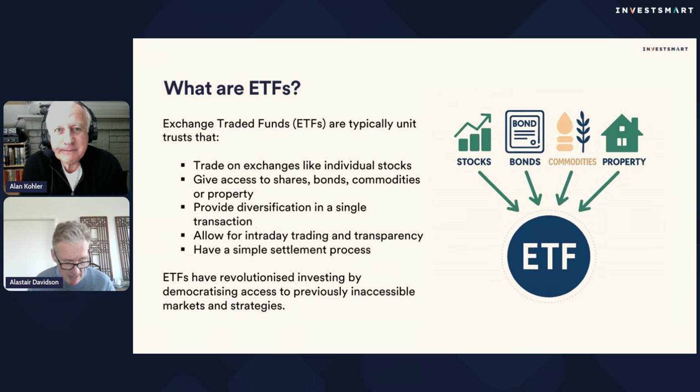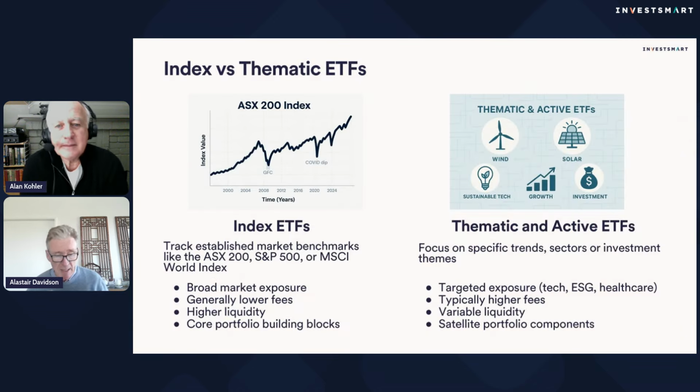Thanks, Alan. So if we turn to the next slide, that's a summary of what ETFs are. As I said, there's a wide range of strategies and asset classes, but there's two broad categories that we look at. There's the index ETFs. Those are the ones that track the ASX 200 or the S&P 500 or the Bloomberg bond index, or a real estate index, or the small gold mining companies listed on the ASX.